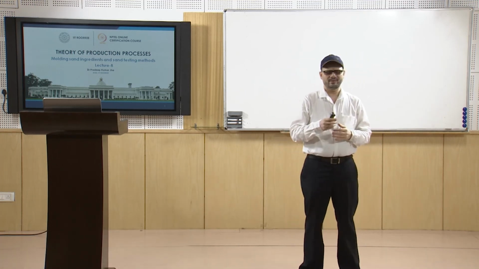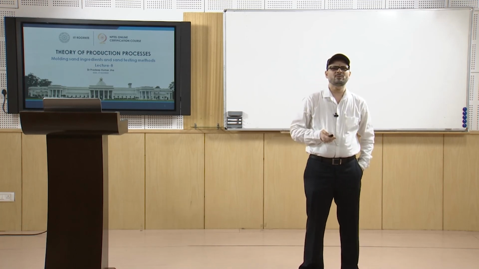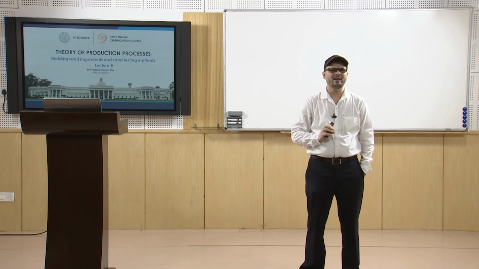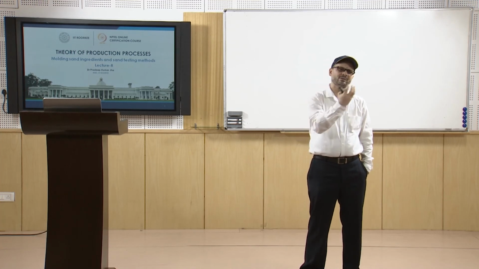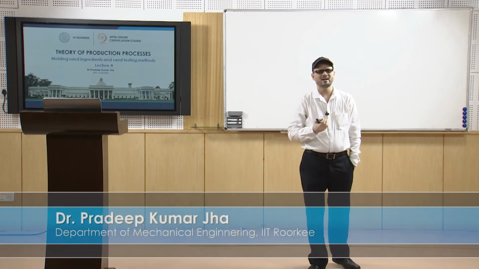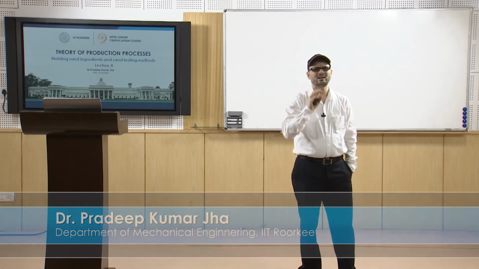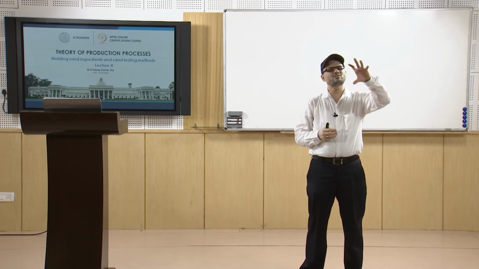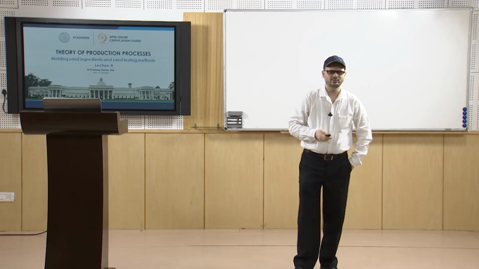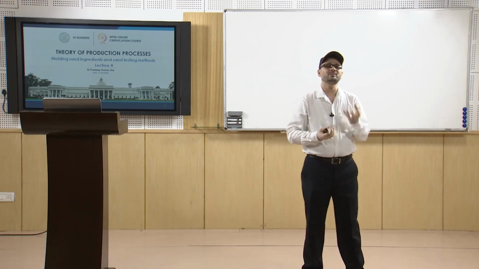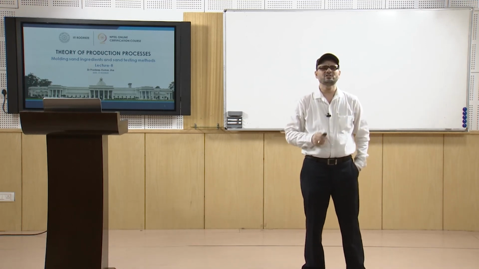The expression is VH upon PAT, where V is the volume of air, H is the height of the specimen, P is the pressure, A is the area of the standard specimen, and T is the time. Based on that you get the permeability number, which is indicative of the permeability level of the molding sand.